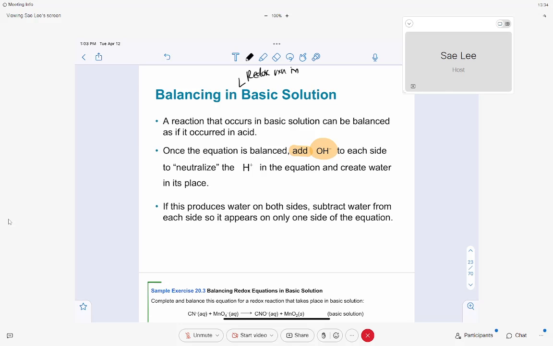Again, the steps are very similar. You will follow the steps that you use to balance the redox reaction in acidic solution, and then there are a few additional steps involved in balancing in a basic solution.